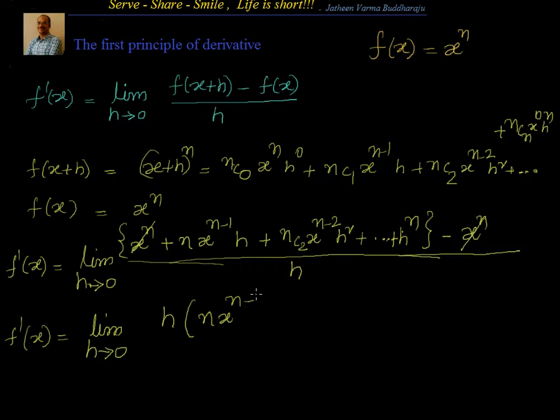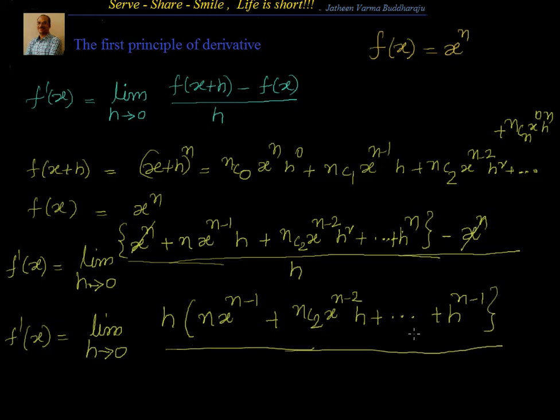So I am left with h into n x to the power of n minus 1. You can see the h values is growing exponentially. So h, h square, h cube. So I can take h common. I will have nC2 x to the power of n minus 2 into h plus this goes on till you go to h to the power of n minus 1, and this I have to divide with h.